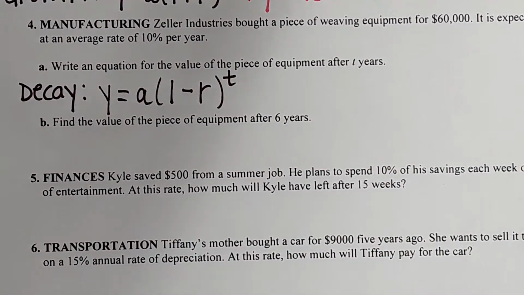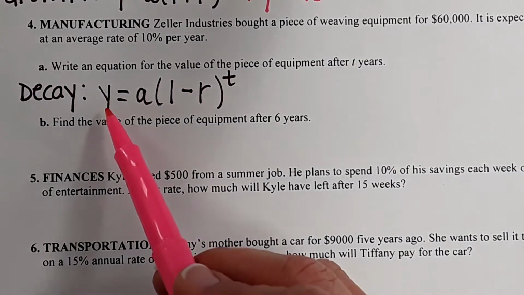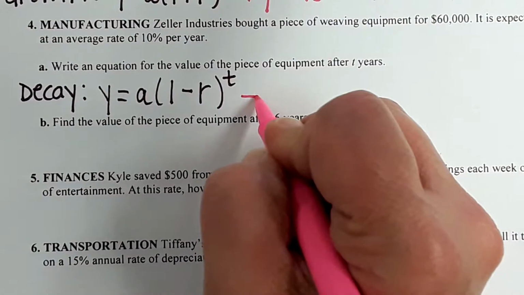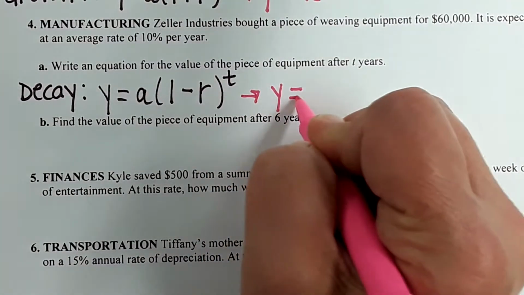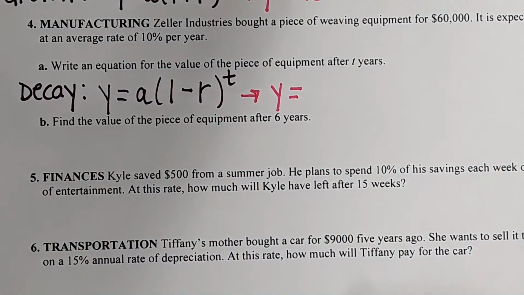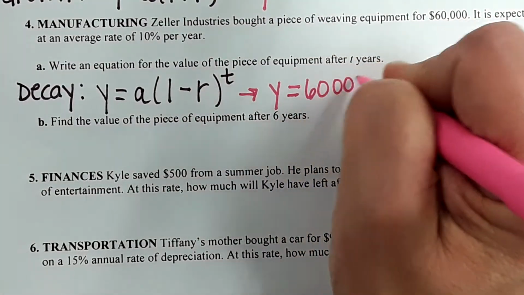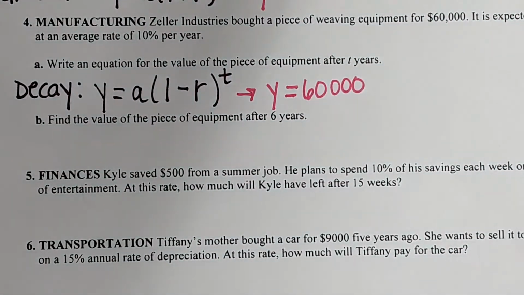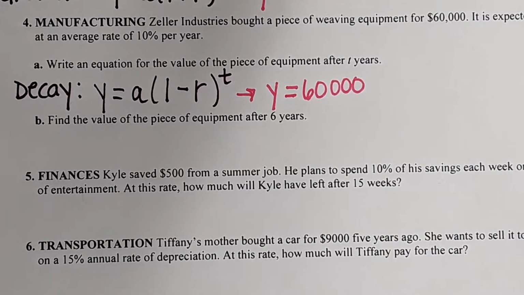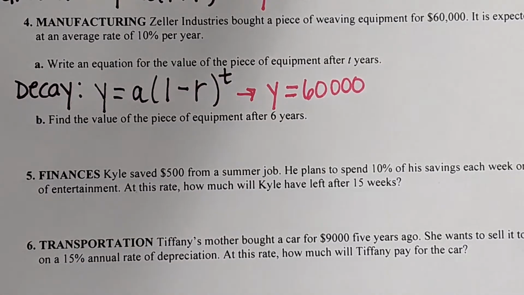Okay, so just like anything else, we're looking for the end, so the y is going to stay. How much did the piece of equipment cost? So you guys always go back. So, okay, what was the initial value? How much did I spend? How much did I give? That's what that is.